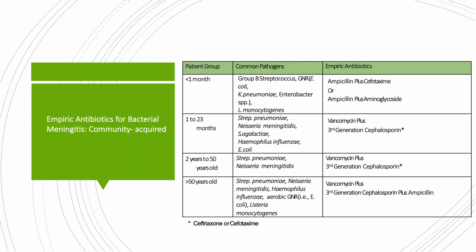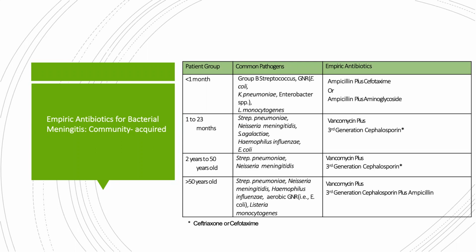So when we add on empirically that vancomycin plus ceftriaxone, we're potentially able to overcome those higher MICs in strep with that vanc plus the ceftriaxone or cefotaxime. And then we are also able to cover adequately the meningitis that may be there with that cephalosporin. So keep that in mind. The vancomycin is not there to solely cover for the strep pneumo, it's there to assist the beta-lactam.